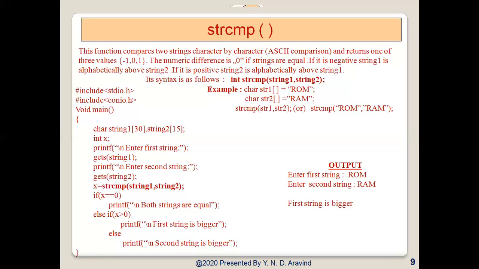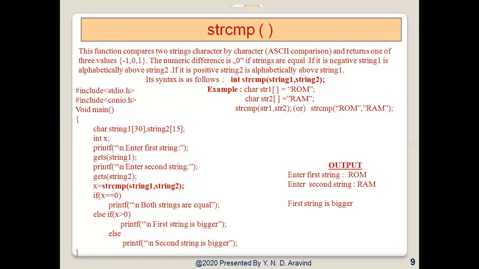For example, I have two strings, one is ROM and another one is RAM. R is compared with R. Here the first letter of string 1 will be compared with the first letter in string 2. Both are capital R's, so it is true.